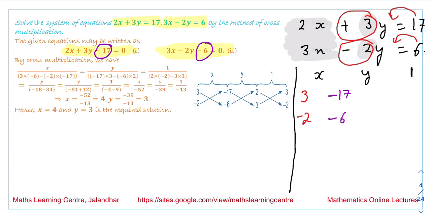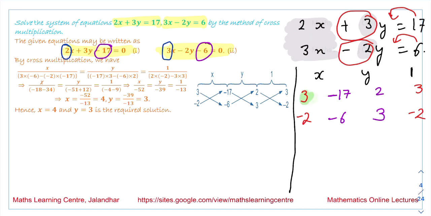Next we have to write the coefficients of x. So it is 2 and 3. Then we have to again write the coefficients of y, which are 3 and minus 2. So how are we going to write the answer?